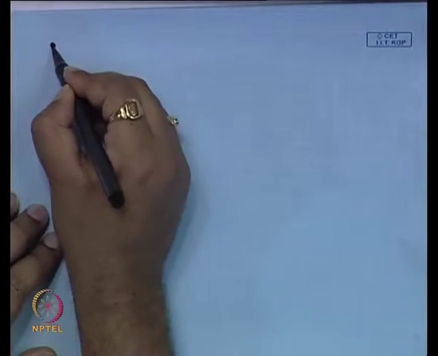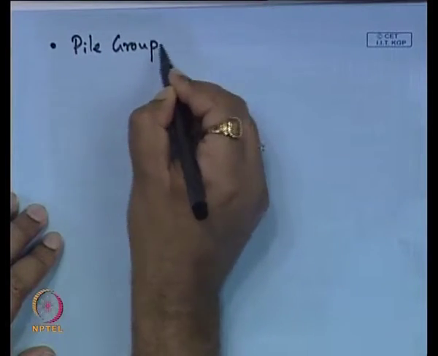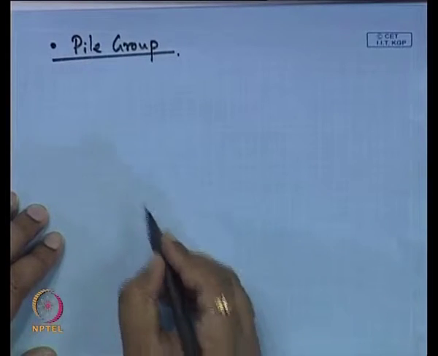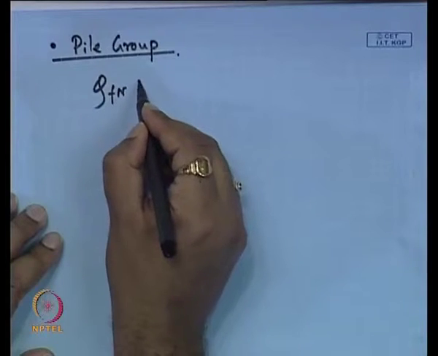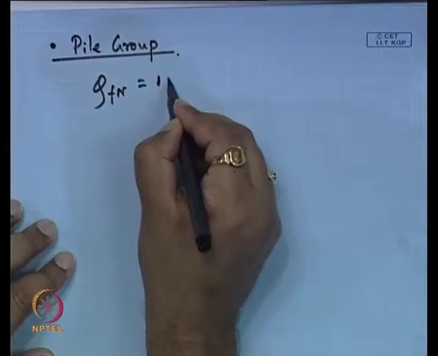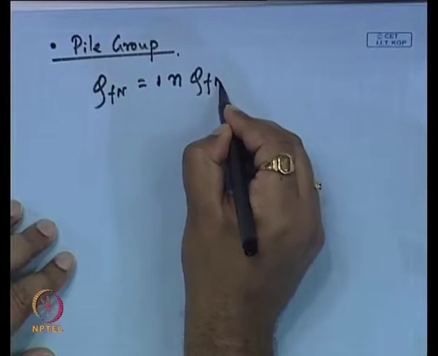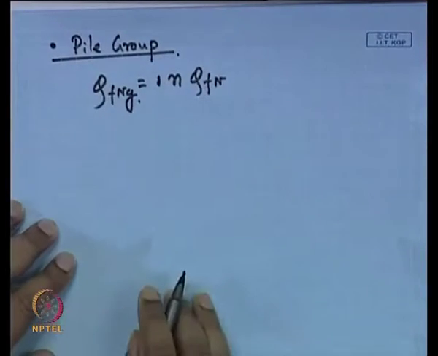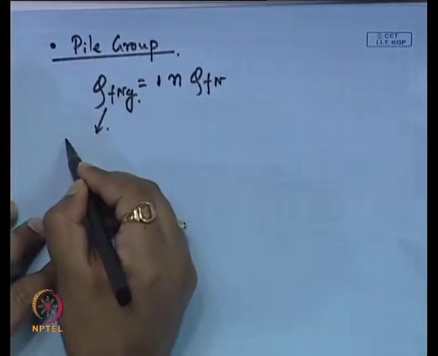So, we will go for the group pile, or negative skin friction in pile group. So, again this negative skin friction Fn in the pile group will be equal to n into Fn. So, this is for the group negative skin friction.